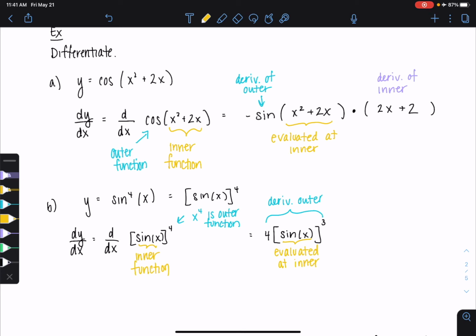And then my chain rule tells us we have to multiply by the derivative of the inner. The derivative of the sine function is the cosine function. Okay. So ultimately, our derivative, y prime, would be 4 sine cubed of x times cosine of x.